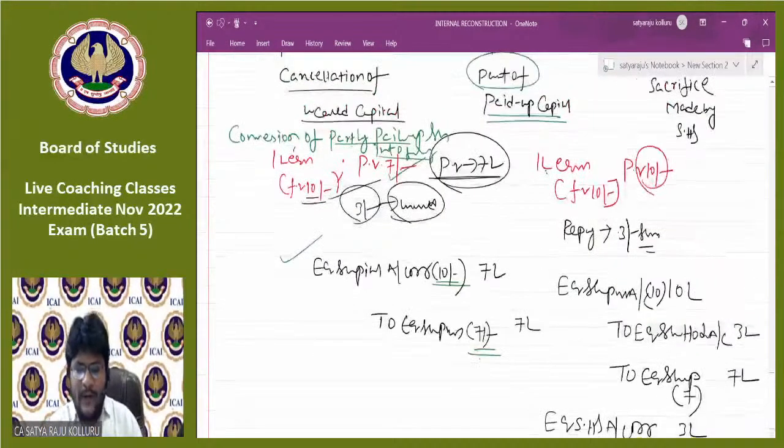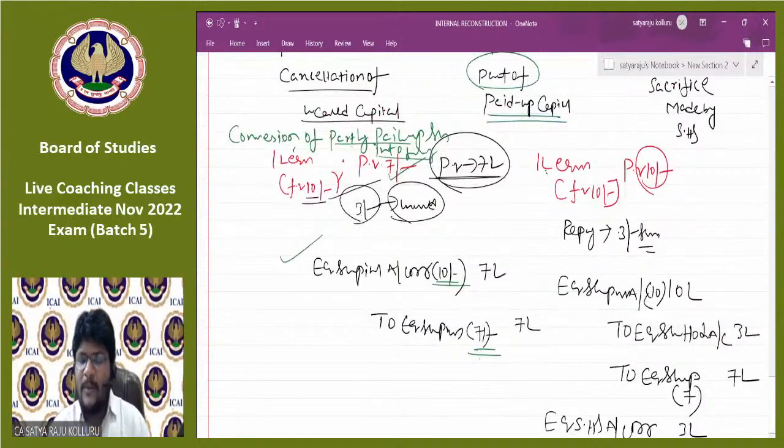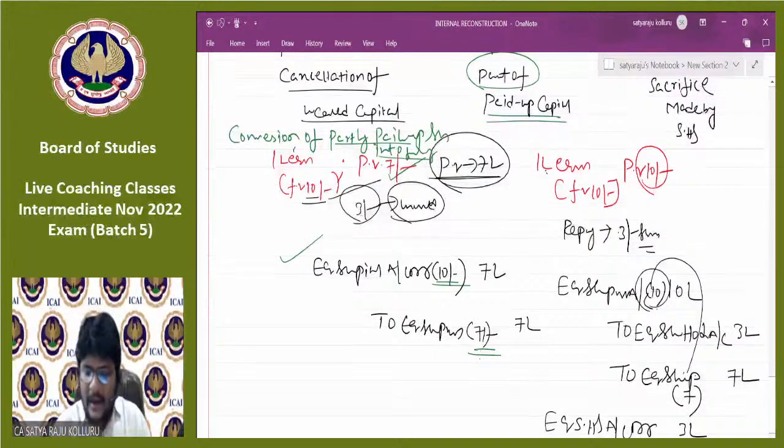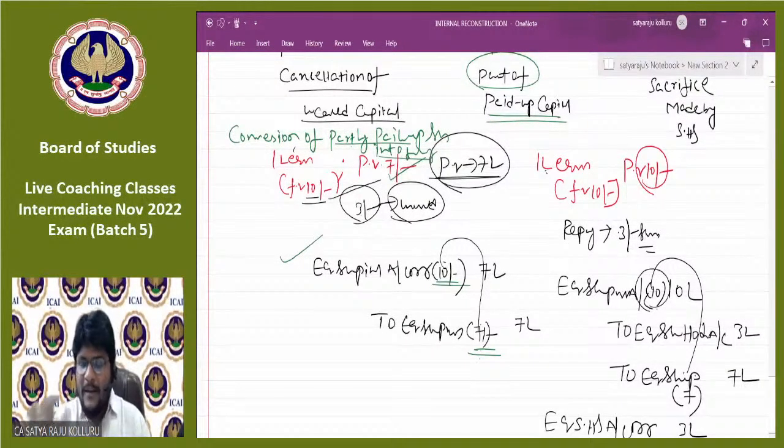So now what is the difference between cancellation of uncalled capital and payment of paid up capital, sir? In case of payment of paid up capital also, there is a change in face value from 10 rupees to 7 rupees. Earlier also there was a change in face value from 10 rupees to 7 rupees. But the difference is, in case of cancellation of uncalled capital, not even a single rupee is paid to the existing equity shareholders.